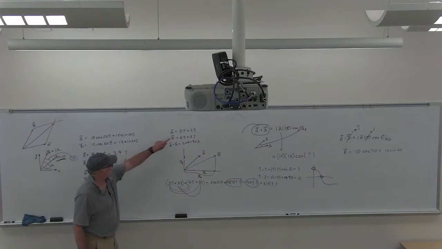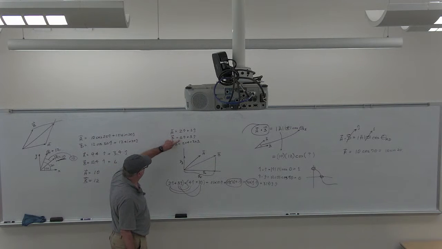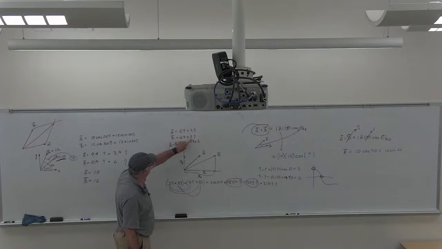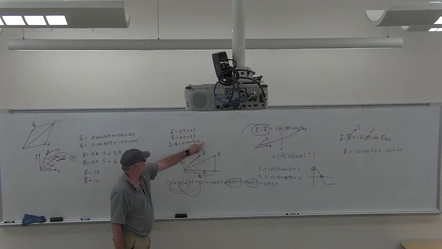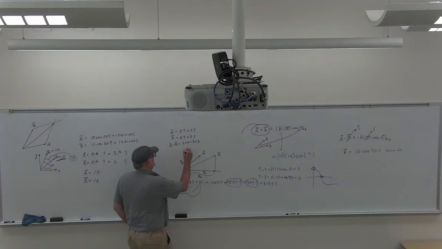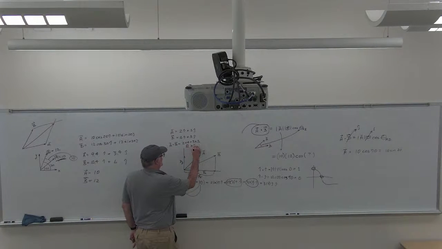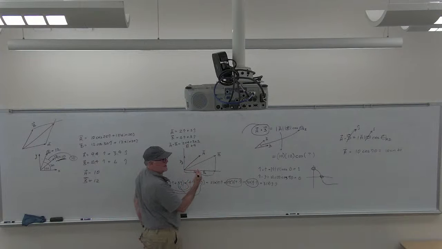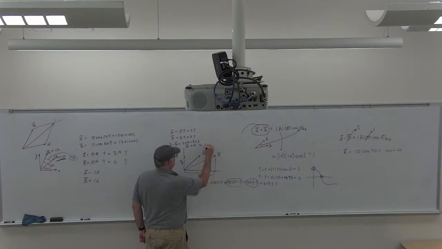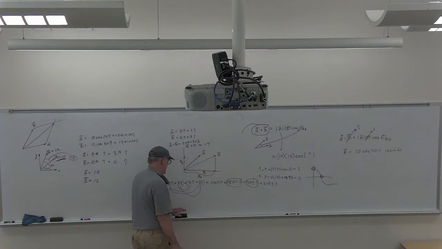So I just look here. That times that goes here. This times this, you can't dot those two, it gives you nothing. I'm not writing the j dot j or i dot j, i dot i. So now I can just say 8 plus 9. Isn't that 17? Okay. All right.